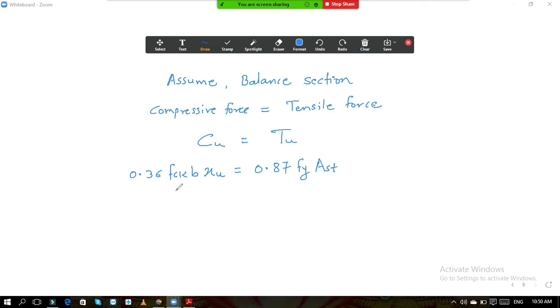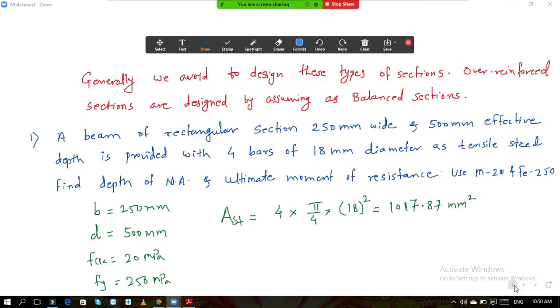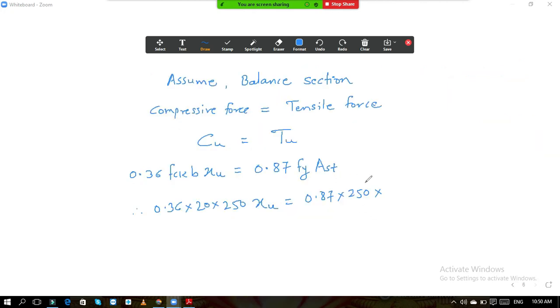So if you put the values, 0.36 into 20 into B, the width of section, which is given as 250, into XU, equals 0.87 into Fy, 250 grade of steel, into AST, which you have calculated as 1017.87.